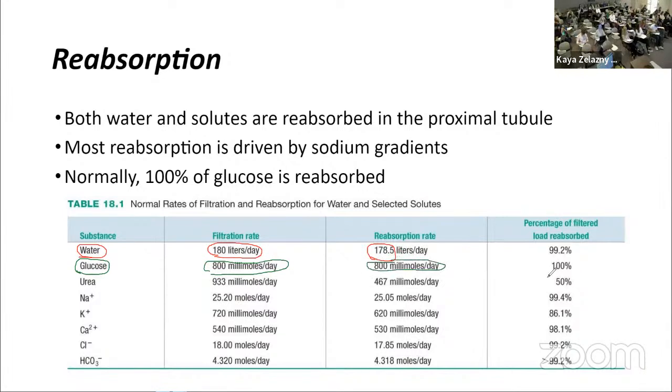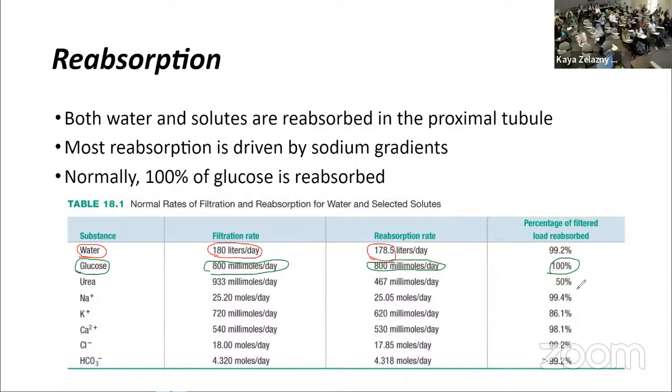So you are keeping 100% of your glucose if your kidneys are functioning normally and your blood sugar levels are within a normal range. That should intuitively make sense. The reason you have glucose in your blood in the first place is you ate something for energy. You're going to use it for metabolism, break it up and turn it into ATP. So you don't want to pee it out. There would have been no point in absorbing it if you were going to pee it out. So you want to reabsorb that entirely.